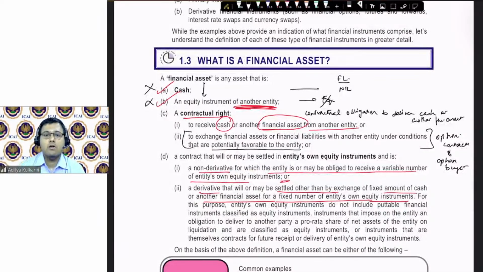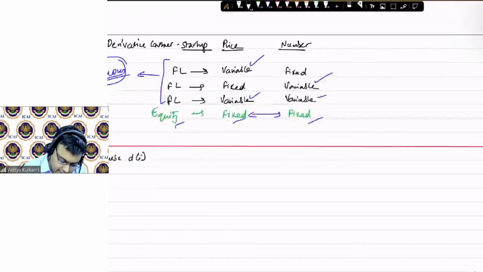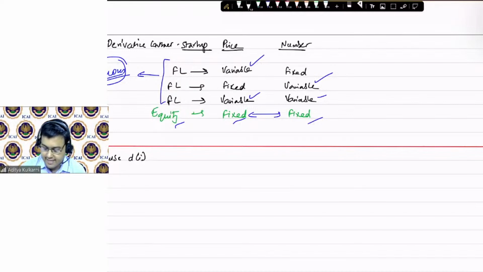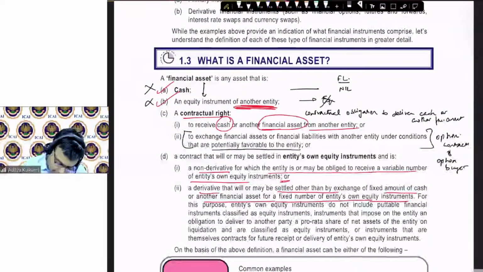Similar case, in the first case, X Limited purchased goods or machinery from the vendor. In the second case, we are having clause D1 for assets. Obliged to receive, look at the words. A non-derivative for which the entity is or may be obliged to receive.